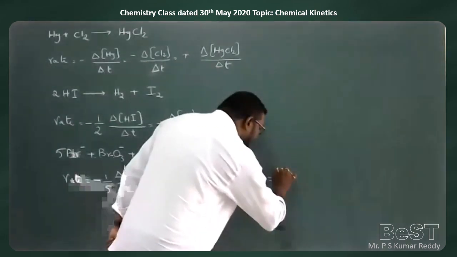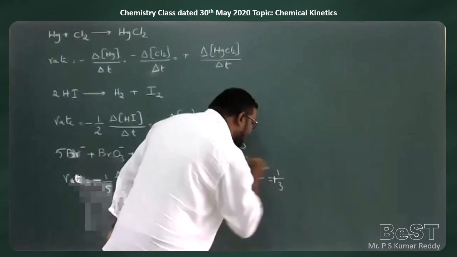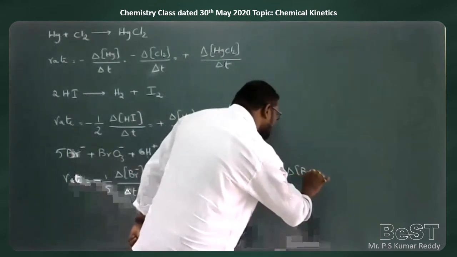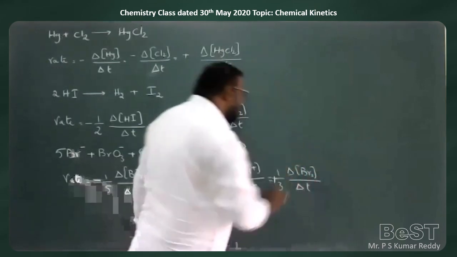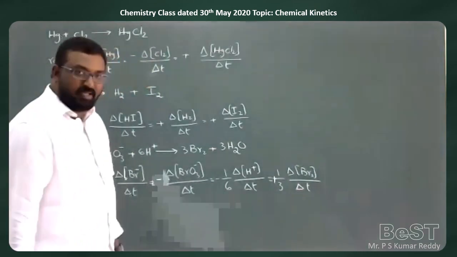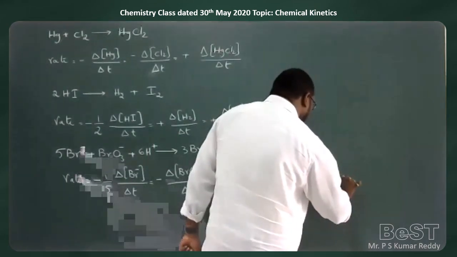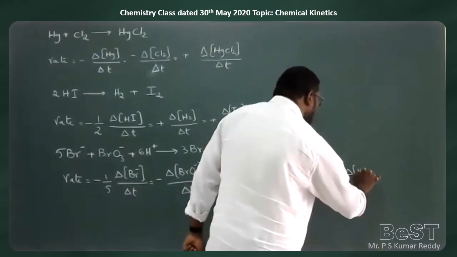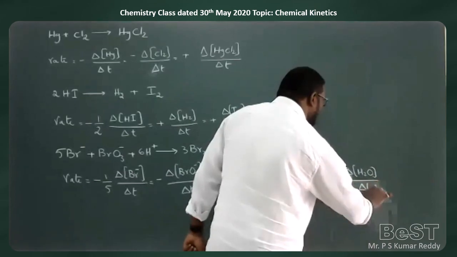So that is why plus 1 by 3 change in concentration of bromine by time taken, equal to plus 1 by 3 delta H2O by time taken.